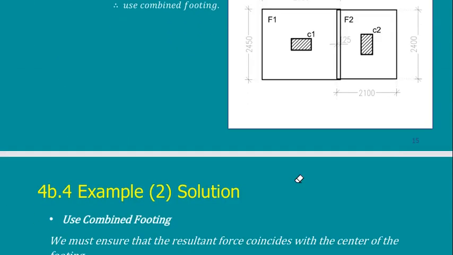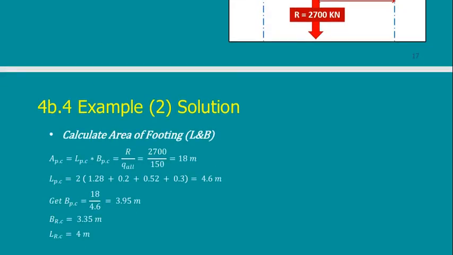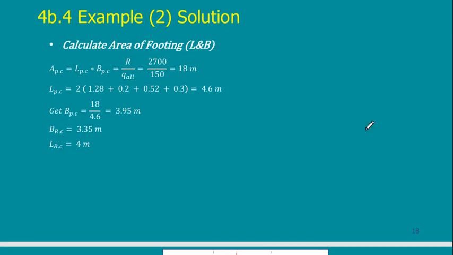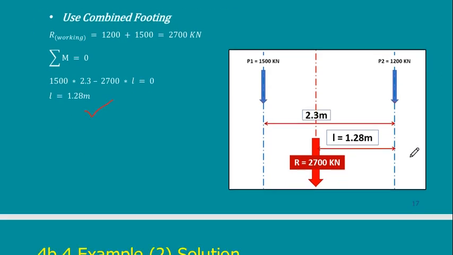Now we continue. We knew that my distance is 1.28. Then I need to calculate the area of the footing. How to calculate the area of the footing? Of course, the area of the footing is the area that will be carrying the resultant of these two forces. So I now have a new force. This is my new force, the red arrow, which replaces both blue arrows.